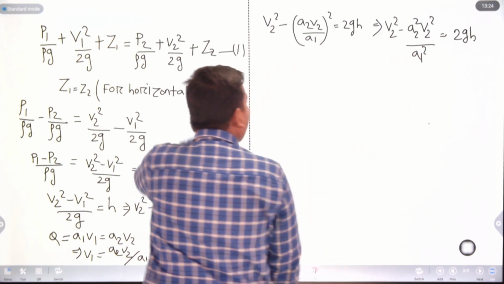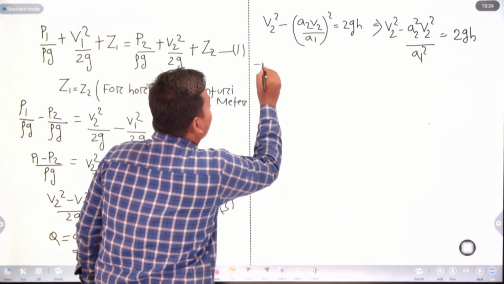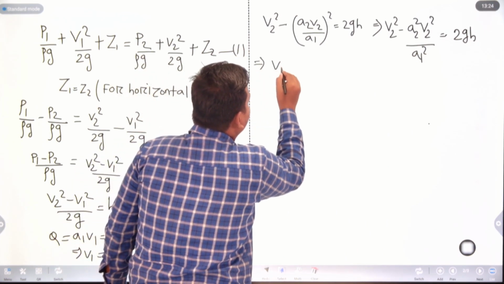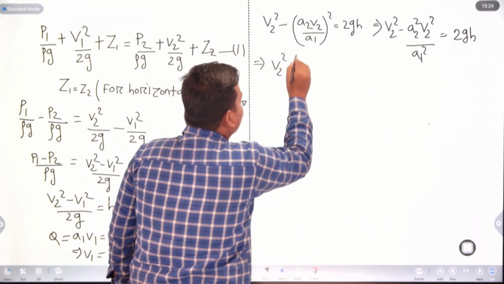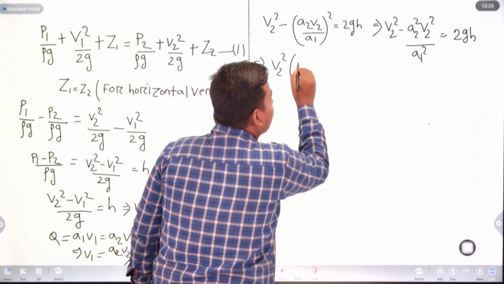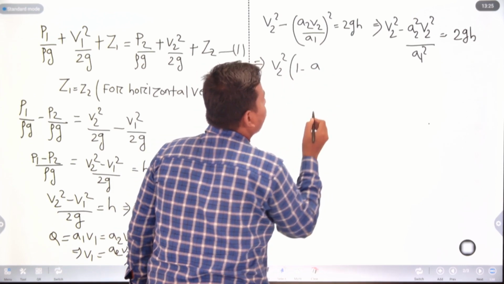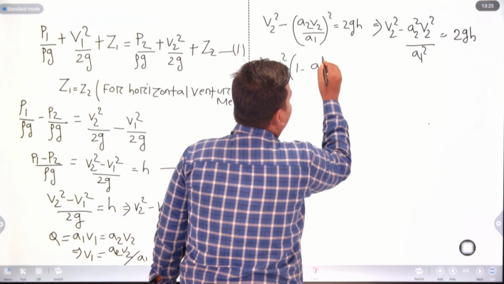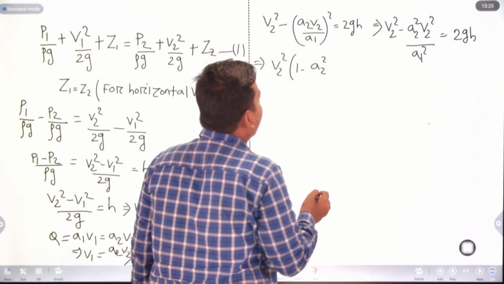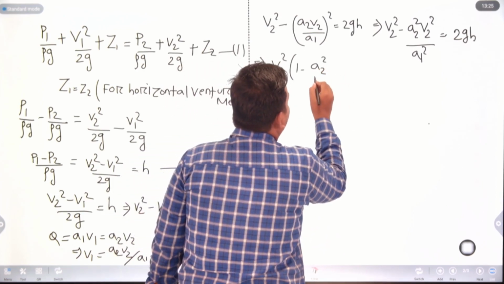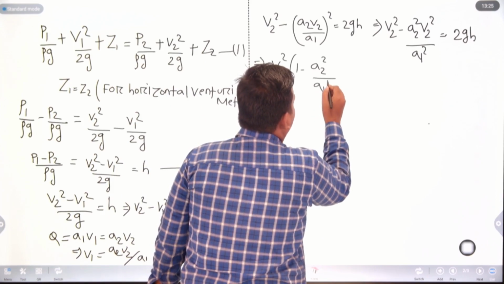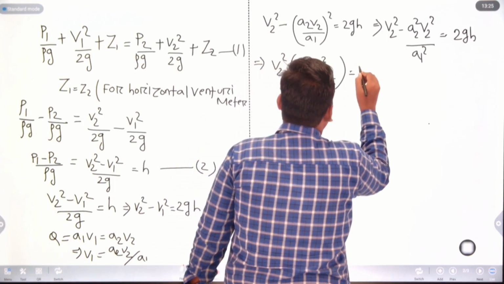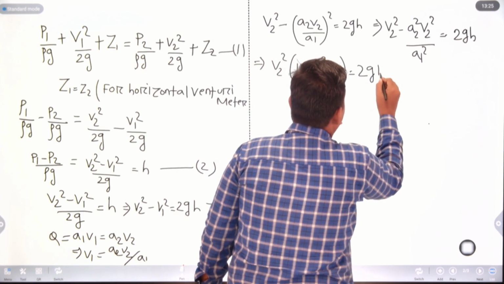Now V2 square is the common factor. So by taking common, V2 square into 1 minus A2 square divided by A1 square is equal to 2gh.